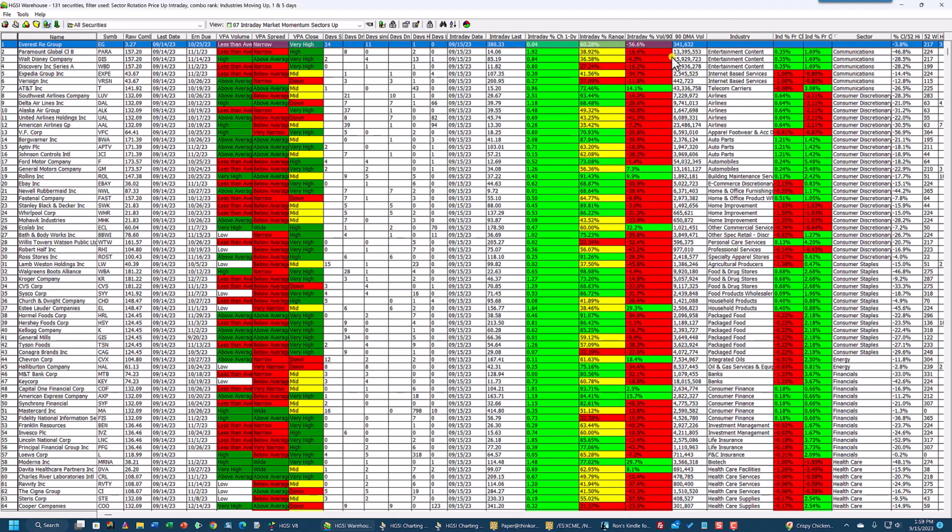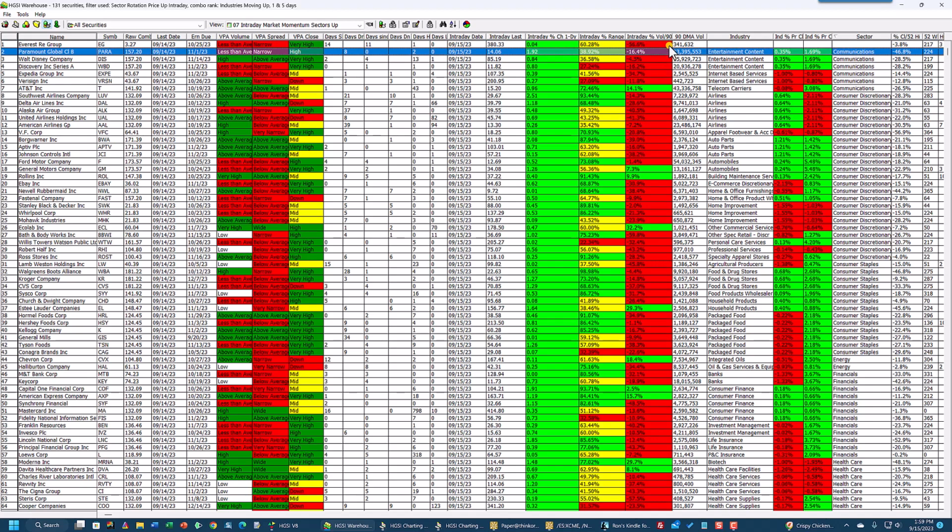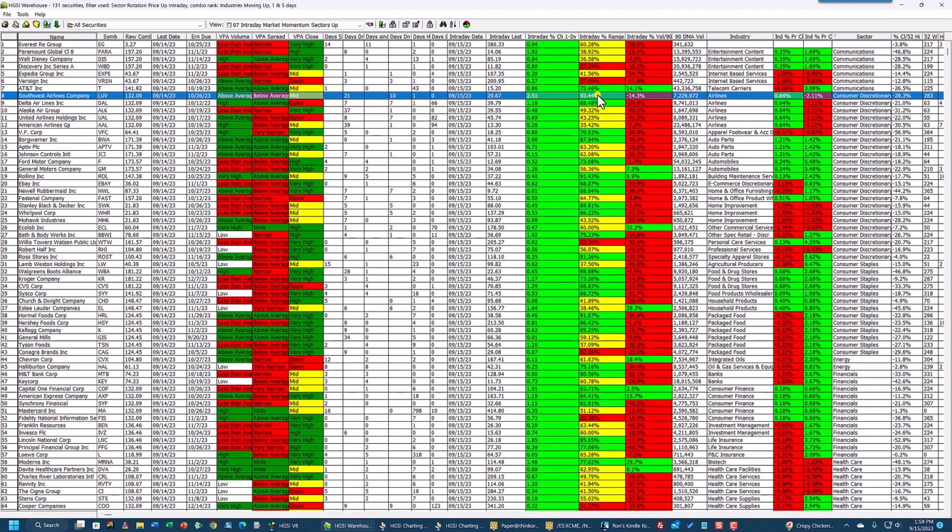It's a reinsurer. Anyway, you can see that it's sorted according to sector and then according to the industry group and then according to the range, the intraday range, so I can see which of these stocks are holding up the best.